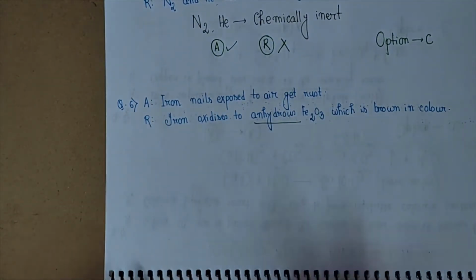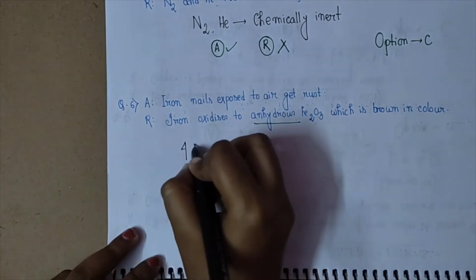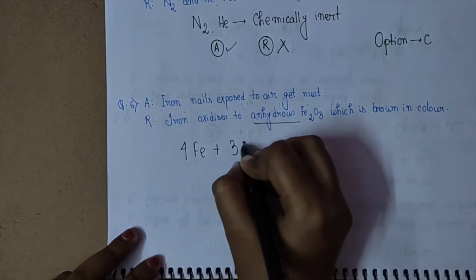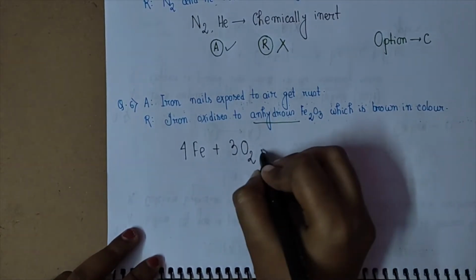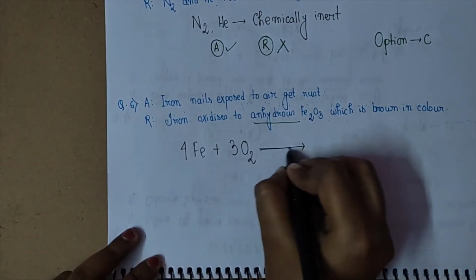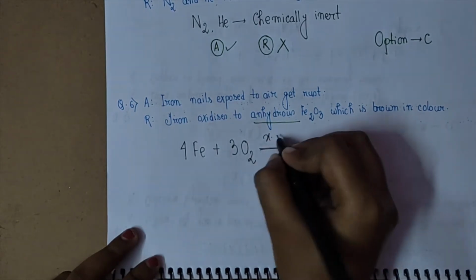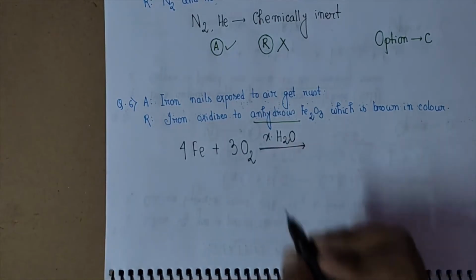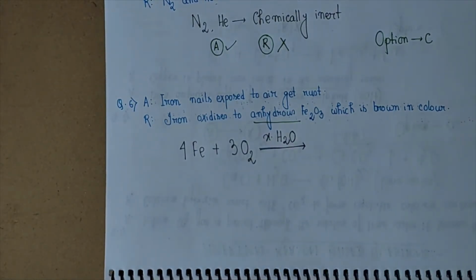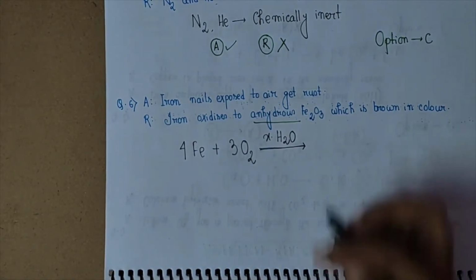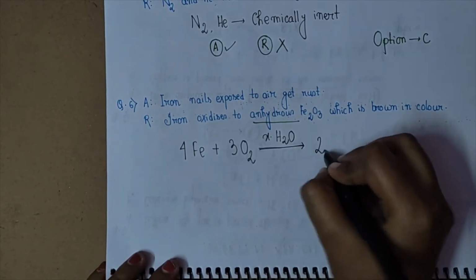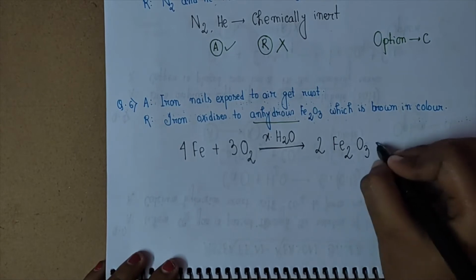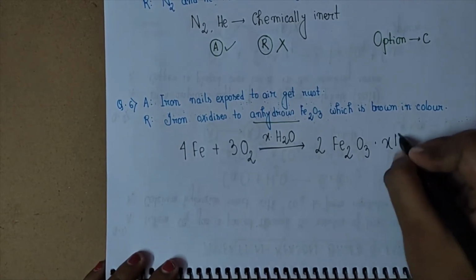Iron, 4Fe, when placed in open air, will react with oxygen, 3O2, and from the atmosphere it will take a variable amount of water vapor, that is xH2O. X means any variable amount of water molecules it will take up. After that it will form iron oxide, 2Fe2O3·xH2O.